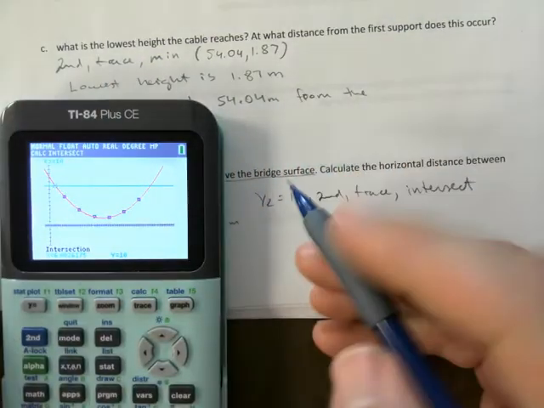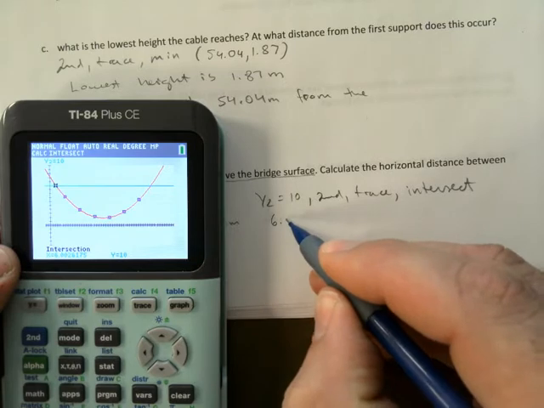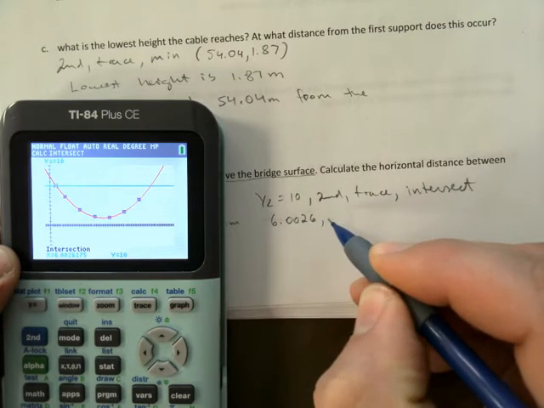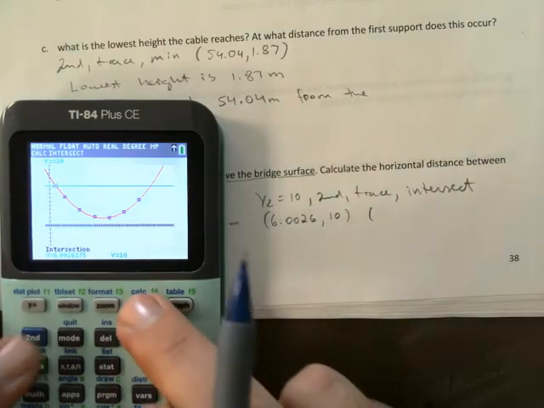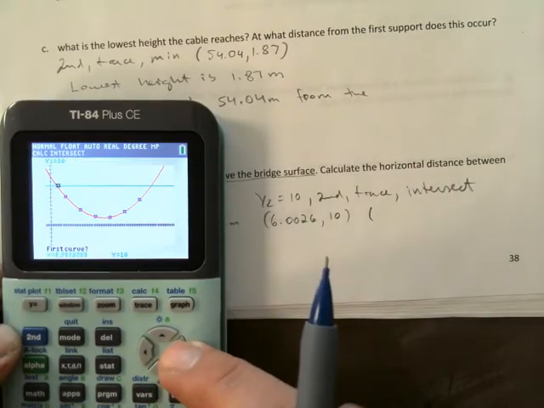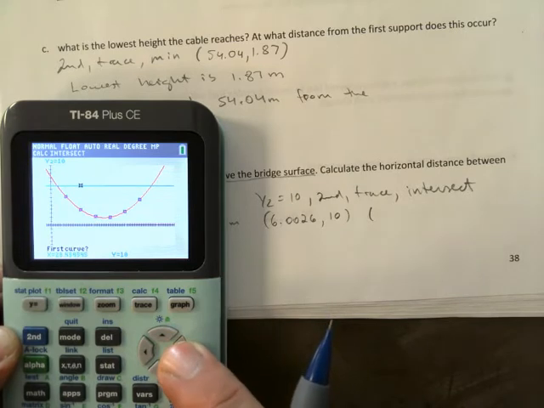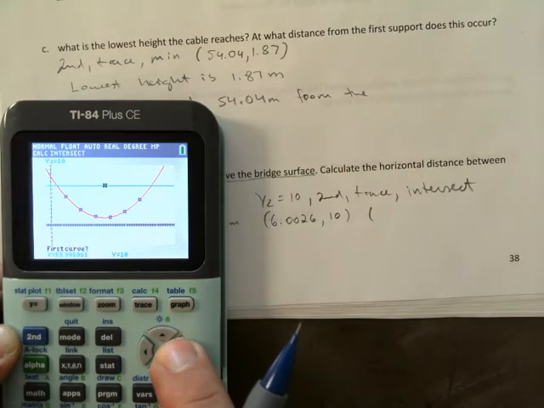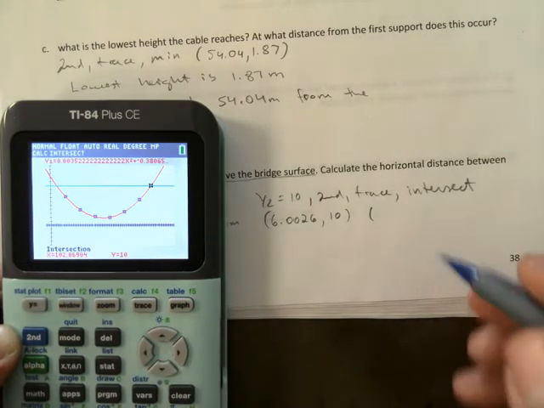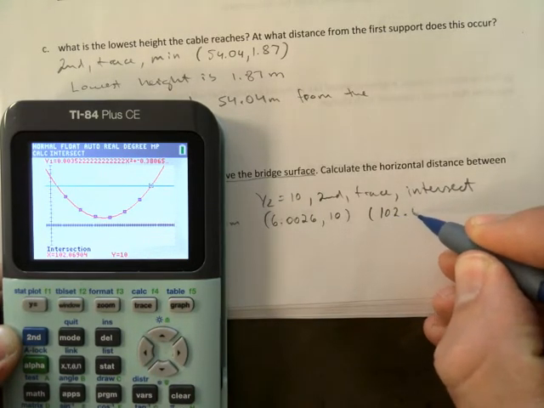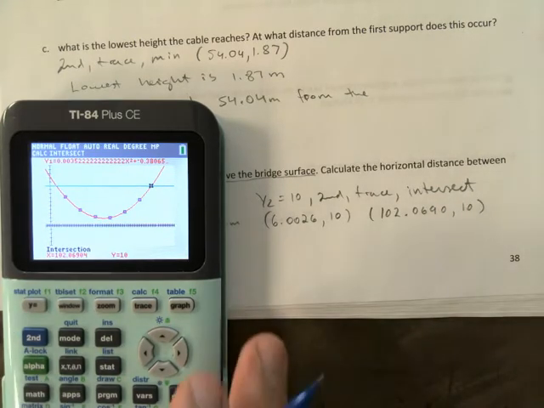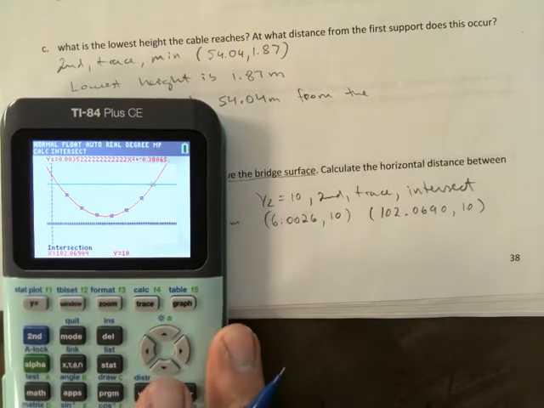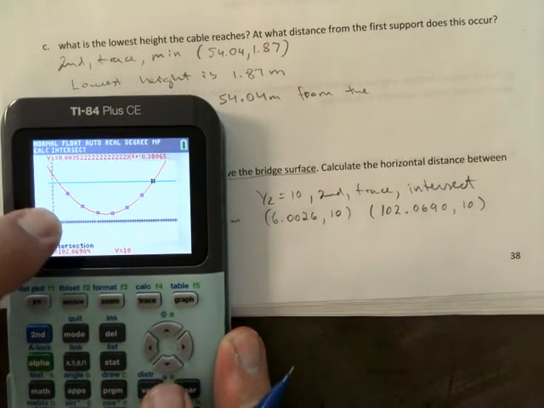My bad. 6.002610 is the first instance, and the other one is second trace 5. I'm just going to go across to the other side. It's hard to see on the screen, and that is 102.069010.